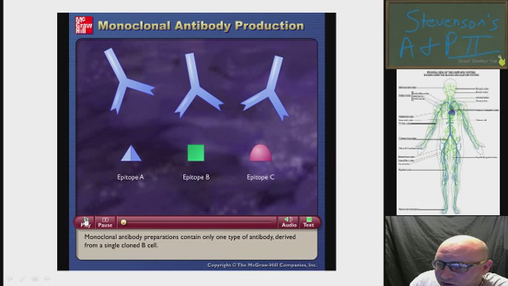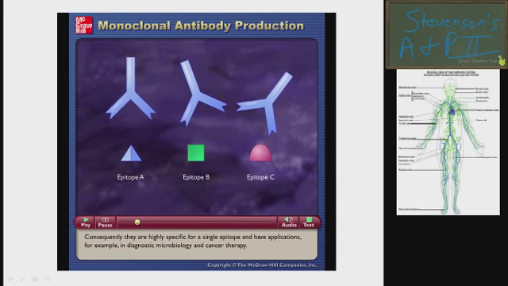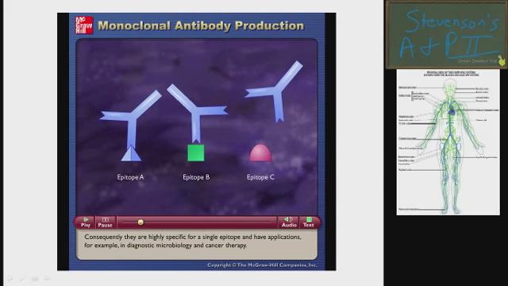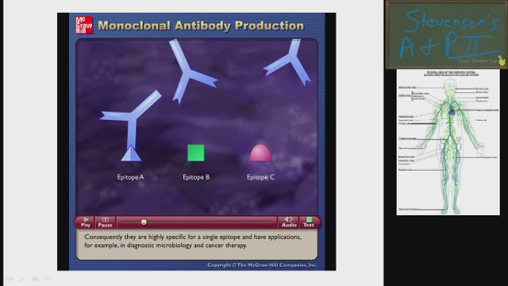Now we're going to see how a monoclonal antibody is formed. Monoclonal antibody preparations contain only one type of antibody, derived from a single cloned B cell. Consequently, they are highly specific for a single epitope and have applications, for example, in diagnostic microbiology and cancer therapy.